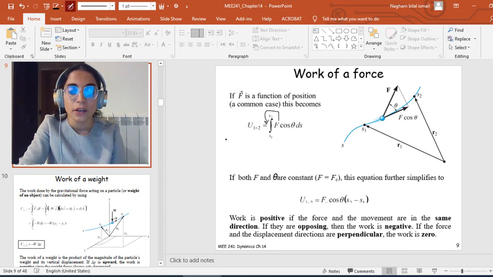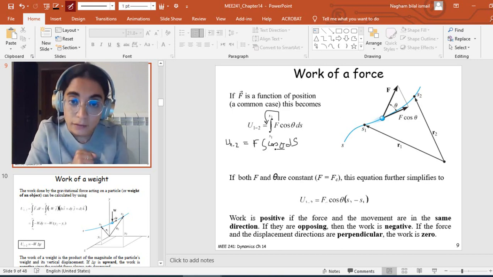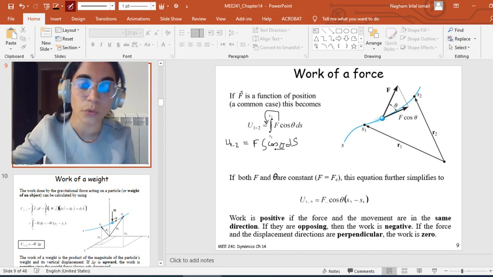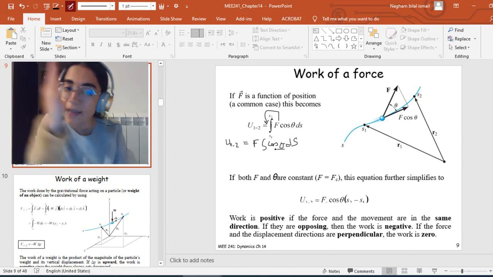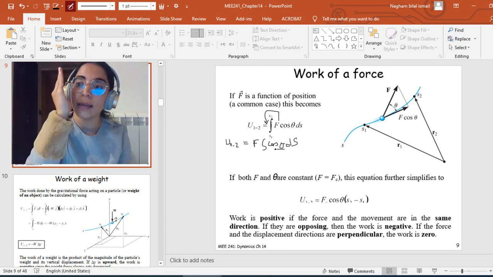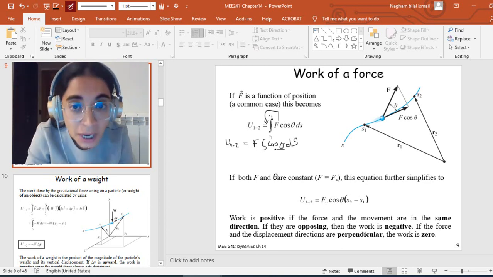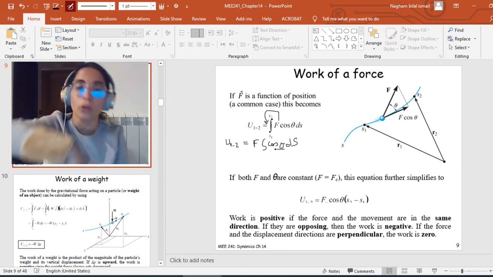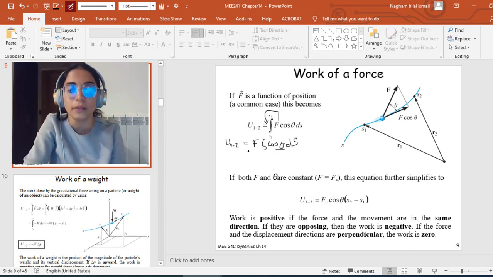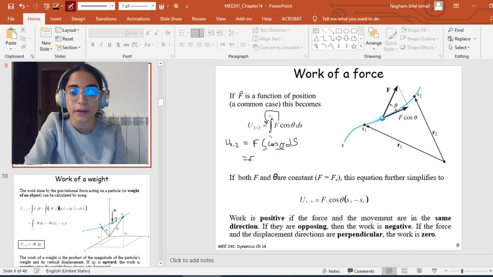And in this case, U12 is equal to F times the integration of cosine theta ds. If theta is also constant with respect to position, so F is also maintaining the same direction with the displacement, then I can also remove cosine theta from the integration. And in this case, I'm going to have F cosine theta times the integration of ds.